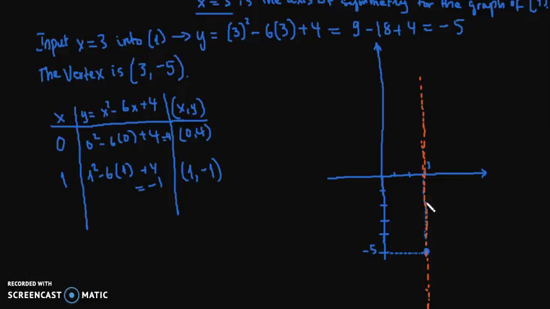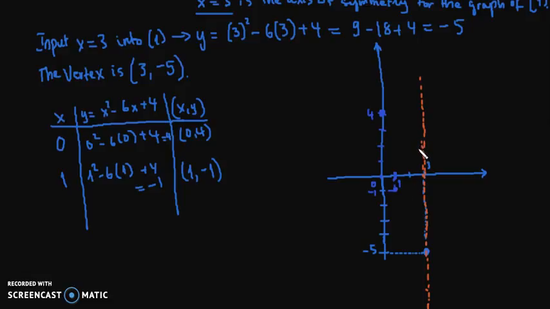So x equal to 0, y equal to 4: 1, 2, 3, 4, this point. And then x equal to 1, y equal to negative 1, this point.